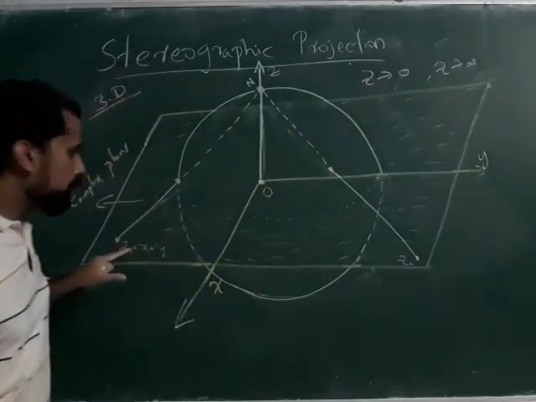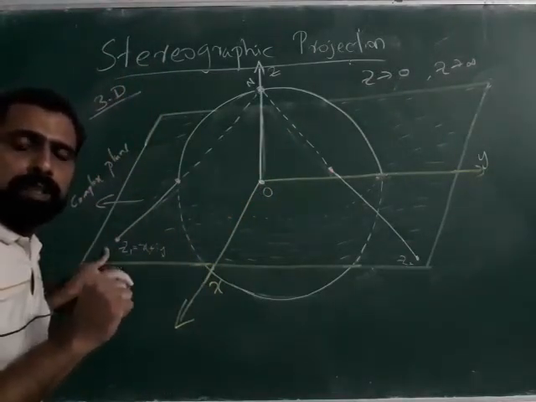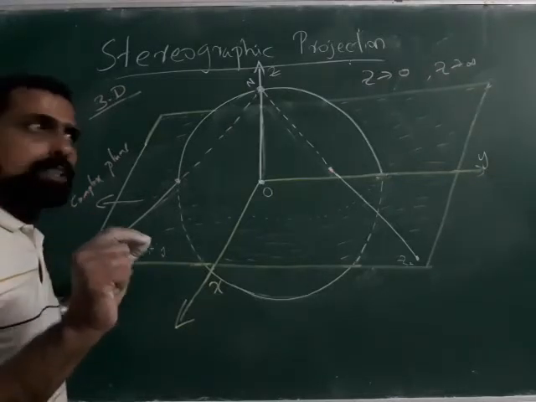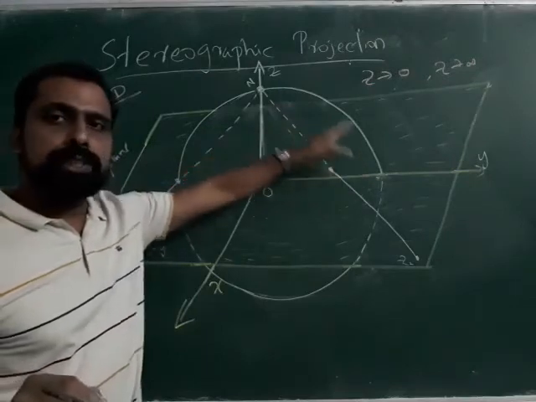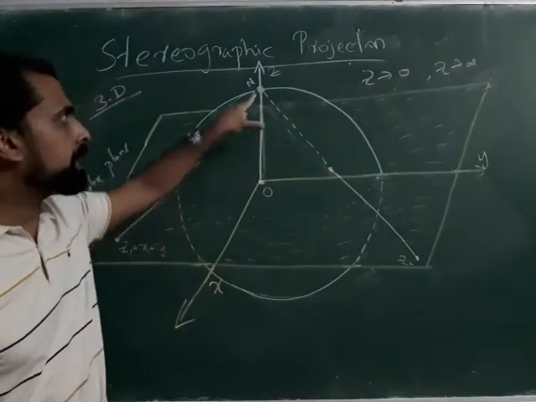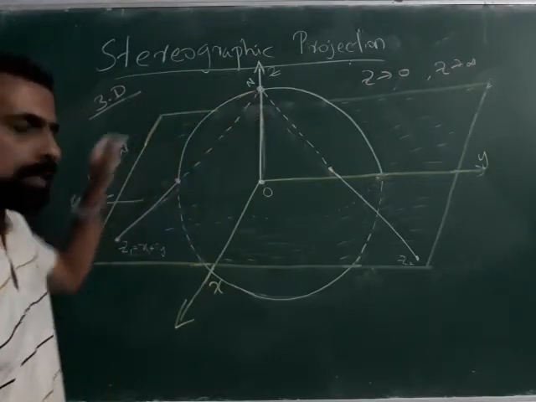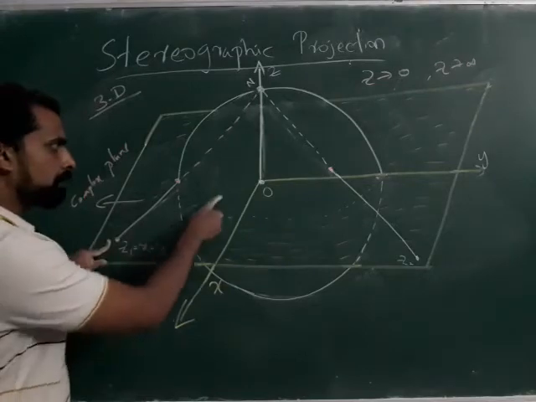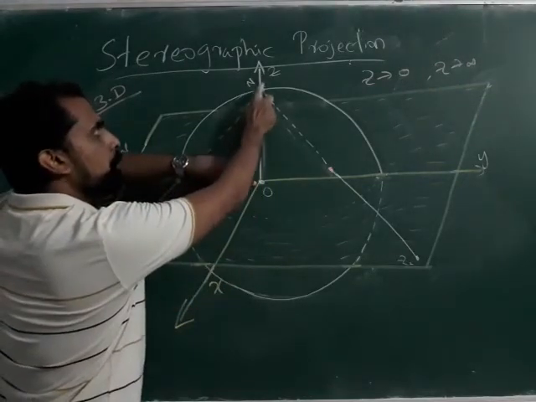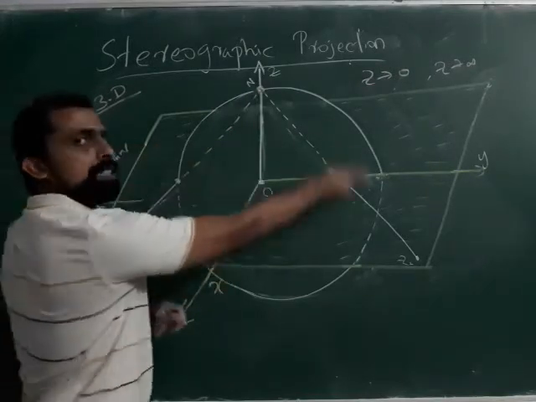Z tending to 0 means any point on this complex plane that will cut this unit sphere exactly at the north pole N. When it moves to 0, it will exactly cut at this point only. It won't touch anywhere else on this sphere.